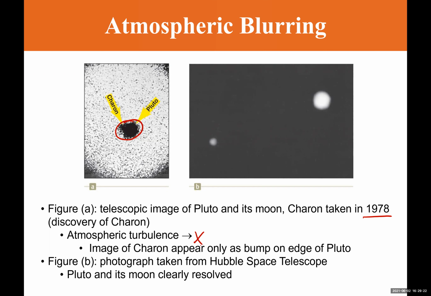The Hubble Space Telescope also had much better optics, so we were able to take pictures where you can clearly see Pluto and Charon, the planet and its moon. Well, right now it's a dwarf planet, but still, you can clearly see Pluto and its moon resolved as two different, bright objects.